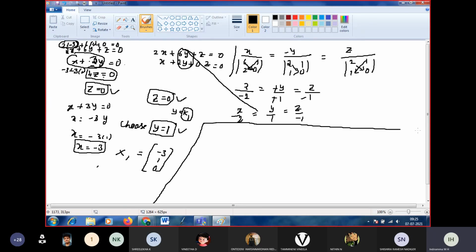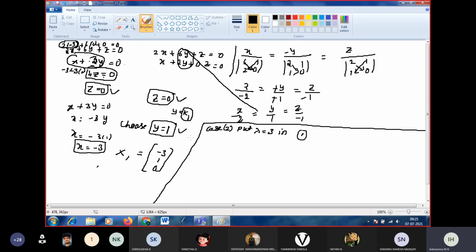Next, go for case 2. What is the case 2 we have? Case 2, put lambda equal to 3. Put lambda equal to 3 in the system of equation 1. So what is the system of equation 1 we have? What you get if you put lambda equal to 3 in those 3 equations?